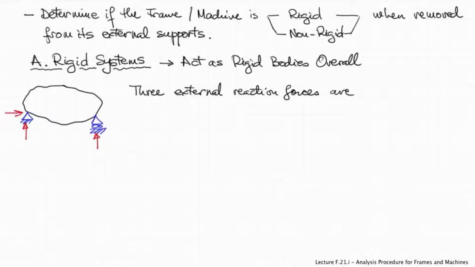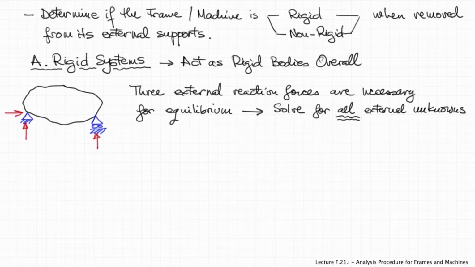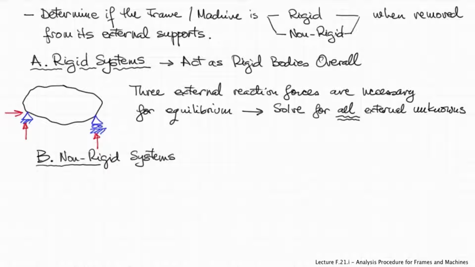If that's the case, so you have only three external reaction forces for a given frame or a machine, then you can write your three equations of equilibrium for a rigid body overall, and you can solve for all these three external reaction forces. And that's good because you now know at least these forces externally to the body. It's a good start for solving the question.